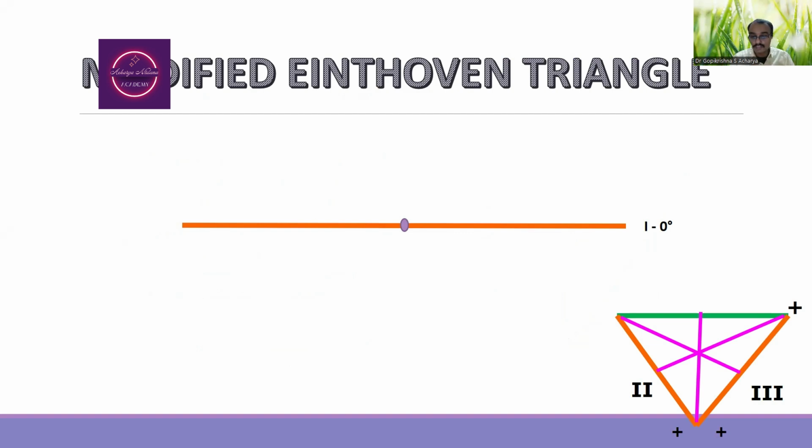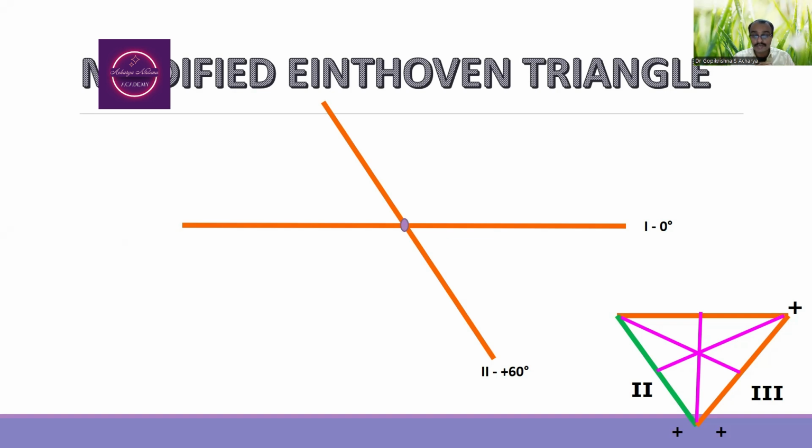Suppose this small picture, showing the green colored line, is an extended image in the main diagram, wherein the center is depicted by the purple colored ring. This is the first line in the modified Einthoven's triangle, lead 1. The other line is lead 2.